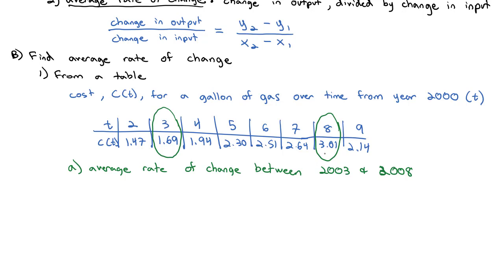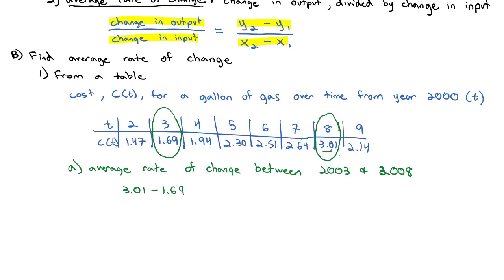The way we find the average rate of change, as you can see at the top of the screen here, is we take the change in the output and divide by the change in the inputs. We get those changes by subtracting the two output values and subtracting the two input values. So let's do that here. We just have to subtract in the same order. It doesn't matter which one we call first or second. I'm going to call the 3.01 the second point. So I'll do 3.01 minus 1.69.